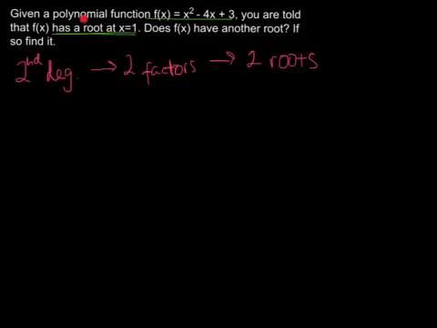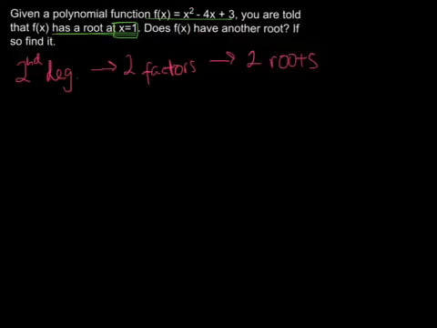So now the job that we have is, how can we find another root? Well, let's think about what this root tells us. If we know that there is a root at x equals 1, what else does that tell us? Hopefully you thought about the number of factors, right? If I know a root, that root has to correspond exactly to a factor.